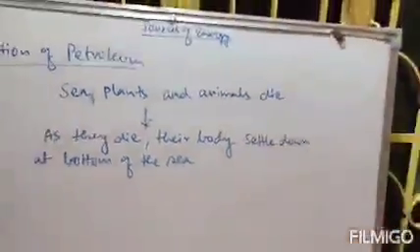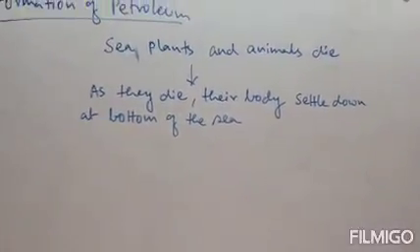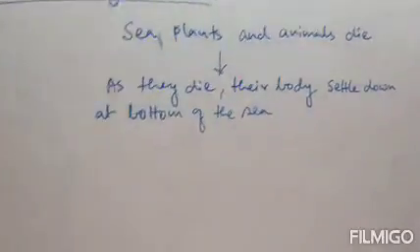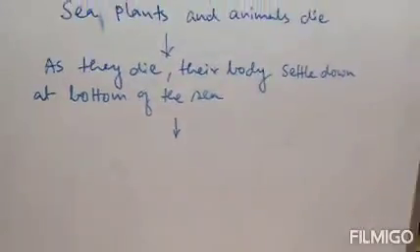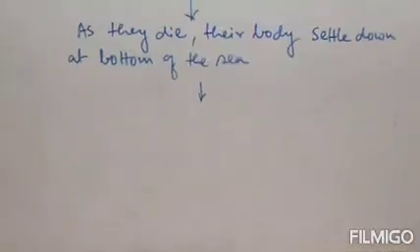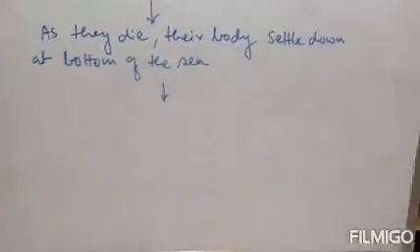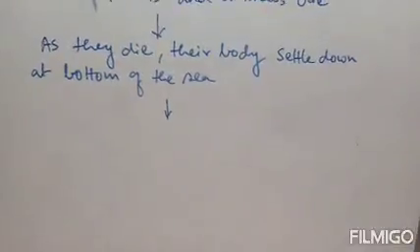So the second step is, as the sea plants and animals die, their body settles down at the bottom of the sea. So next step, with the passage of time, they get compressed due to the layer of sand over the sea and clay deposited over them. Clay means mud. It is deposited over the dead plants or animals.